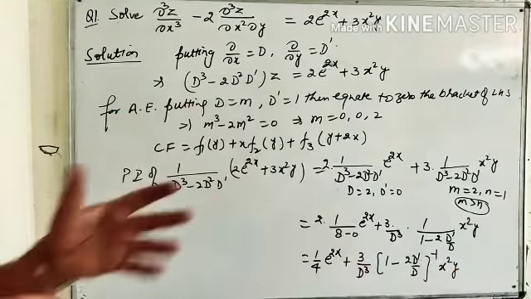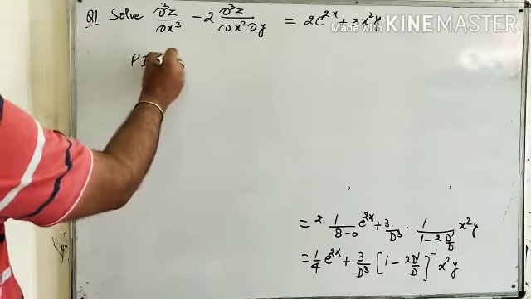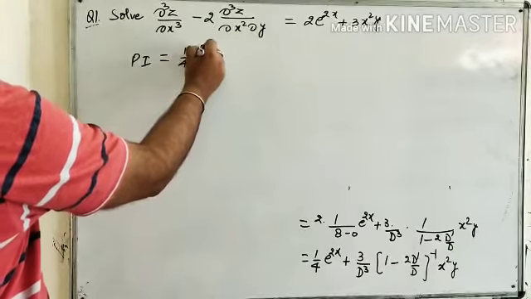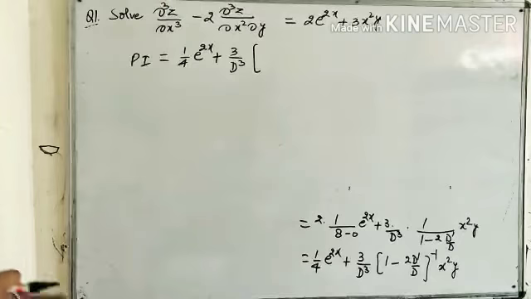Now we shall expand it by binomial expansion. So PI equals 1 by 4 e raised to power 2x plus 3 upon D cube, (1 minus x) inverse. What is the expansion of (1 minus x) inverse? It is 1 plus x plus x square plus x cube and so on.